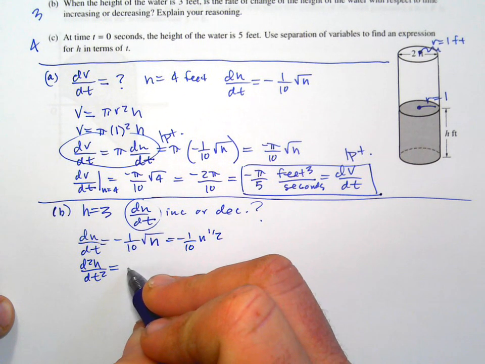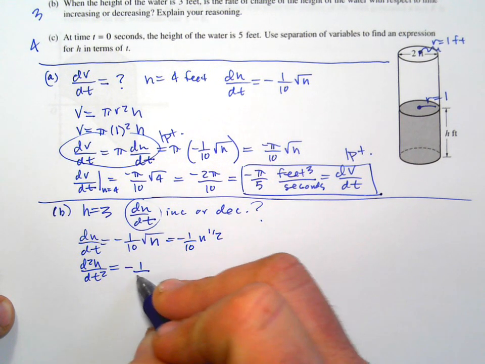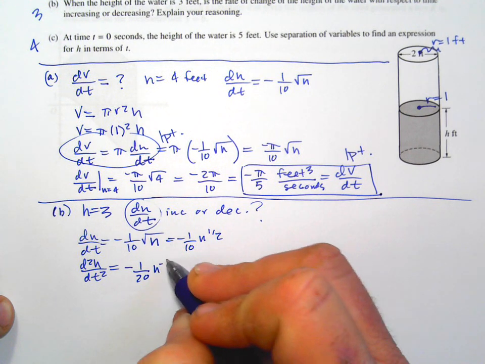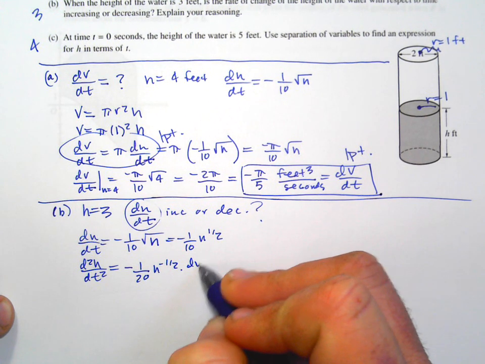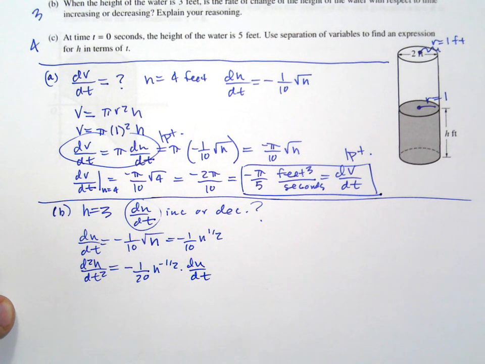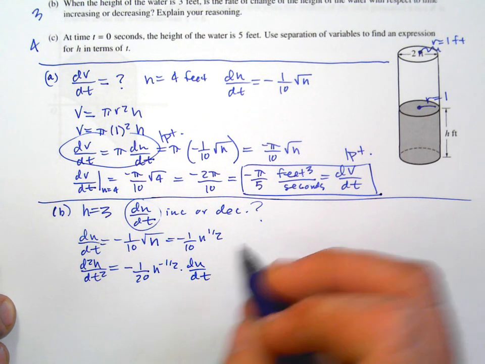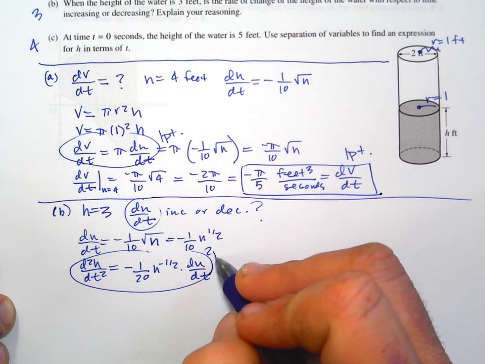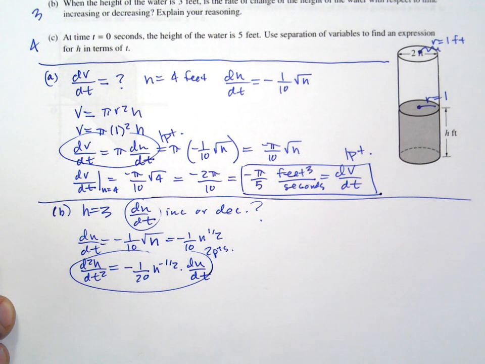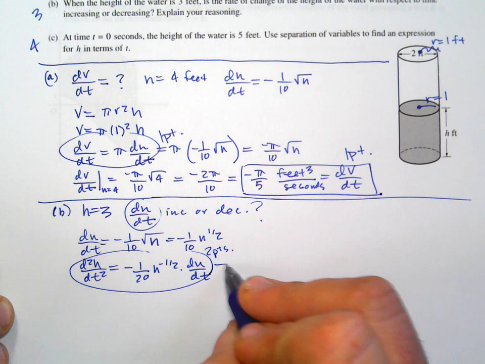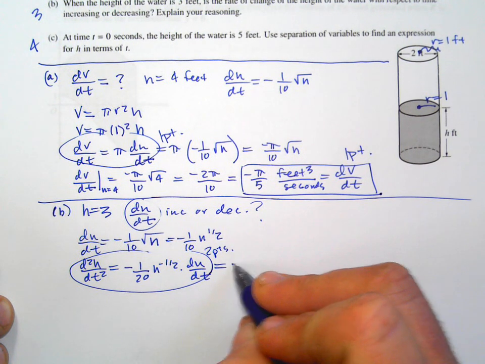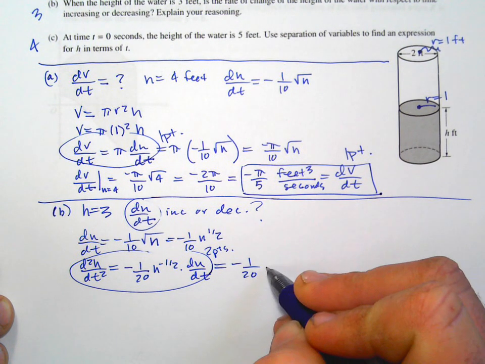So this is going to be -1/20 h to the -1/2 dh/dt, right? And that's worth 2 of your points there. Now I'm going to rewrite it. For dh/dt, I can plug in what we already had.